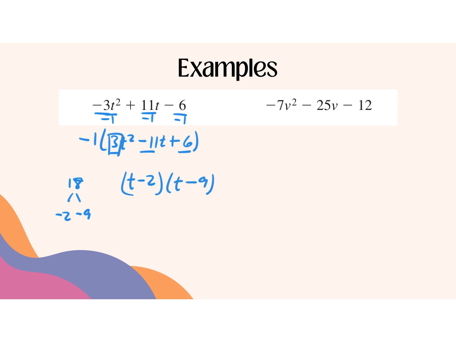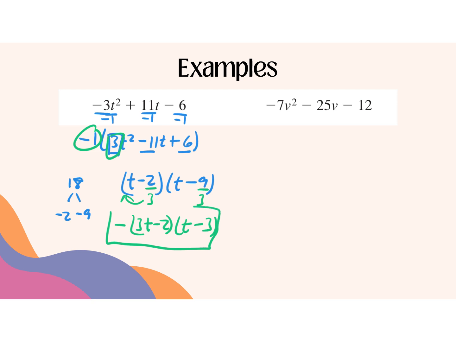Because there's a 3 in front, I would divide everything by 3. Slide that 3 out front, we get 3t minus 2, t minus 3. There is a negative 1 out front, so I'm going to write a negative. You don't have to write a negative 1 as long as you write the negative, that's fine. So this would be your final answer.